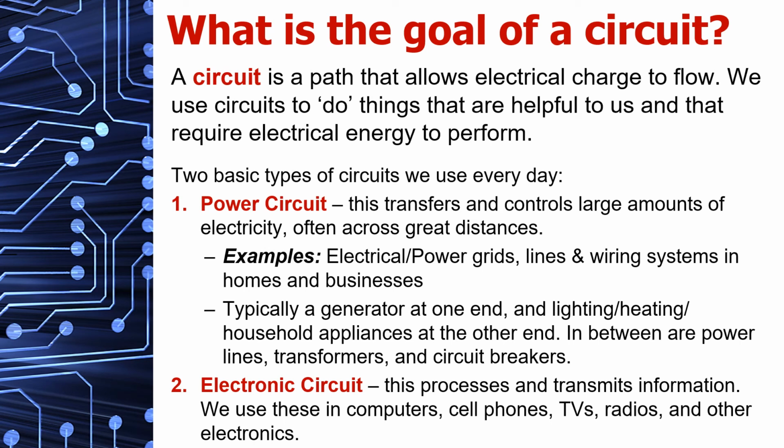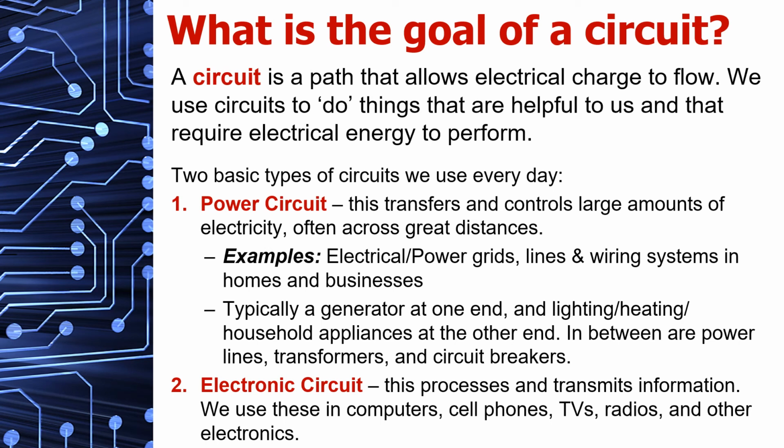Also, there are a lot of objects along that big circuit that are pulling power and using it to do things, like lights and household appliances like refrigerators, washers and dryers, air conditioning units, and heating units.